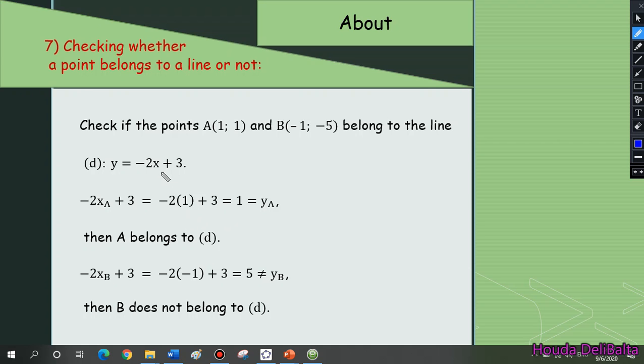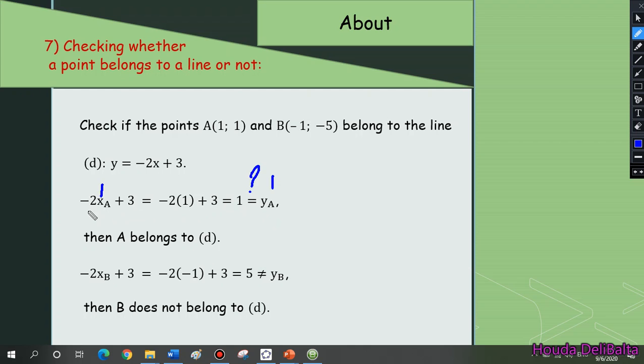If I evaluate xa in place of x, am I going to get ya, which is 1?